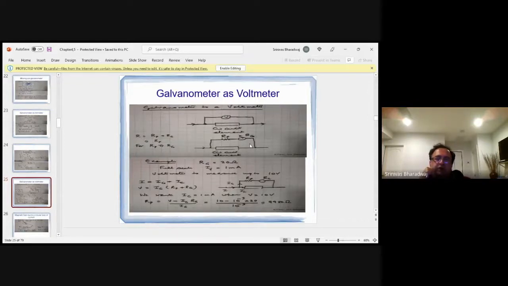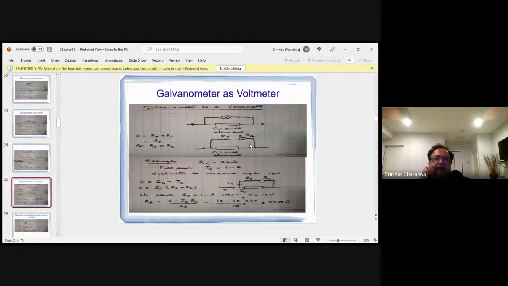Now if you want the voltmeter to measure up to 10 volts, then V will equal Ig times Rp plus Rg, right?